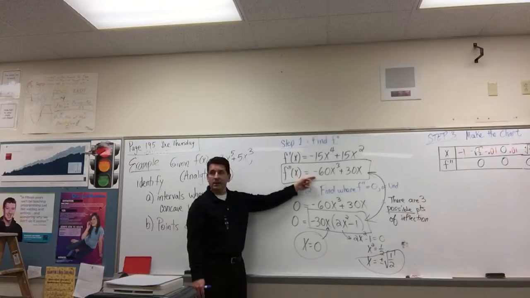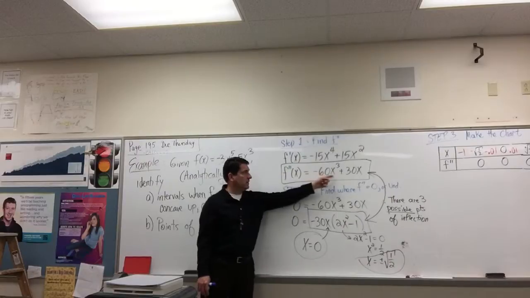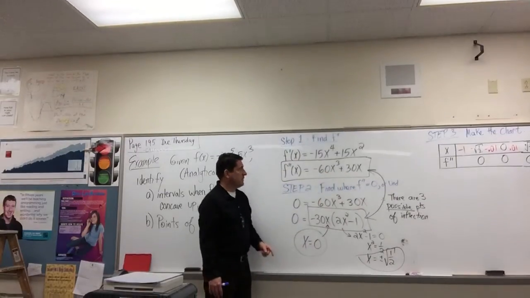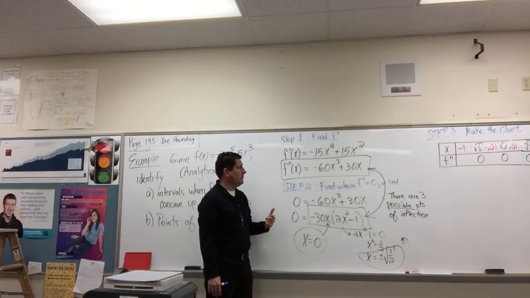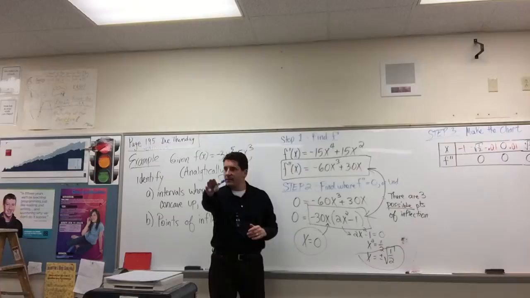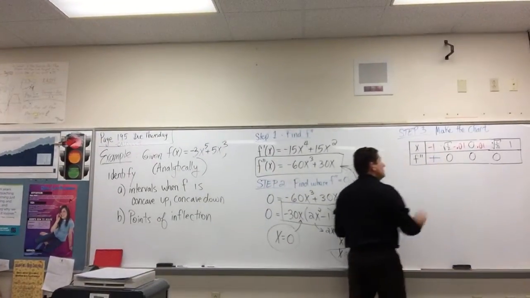I got 30. Because this becomes positive 60 because of the negative, and that becomes negative 30. So it becomes a positive 60, but the only thing that we care about is whether or not the second derivative is positive or negative. So we're going to put a plus sign here.